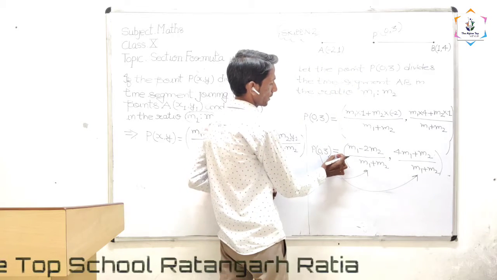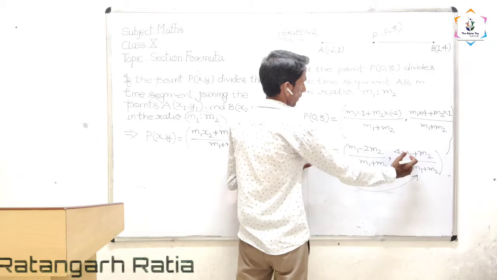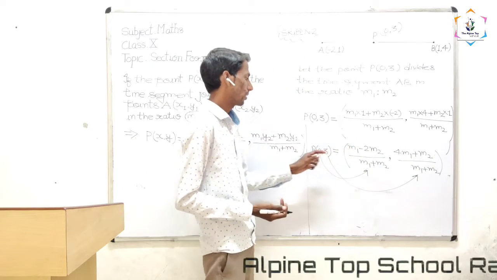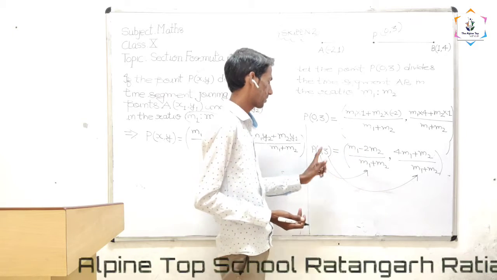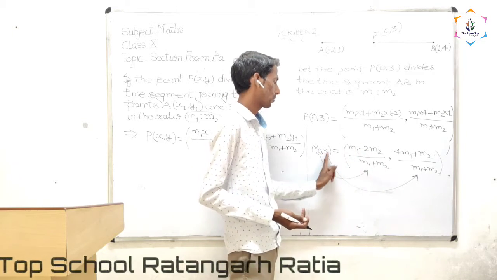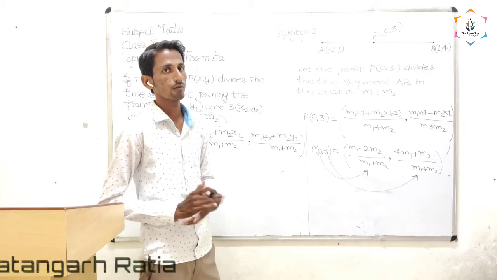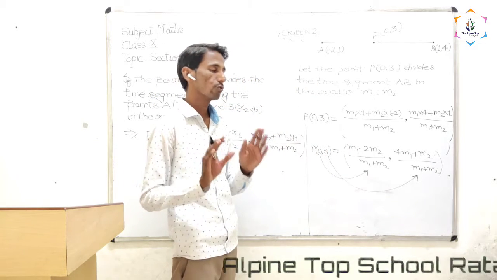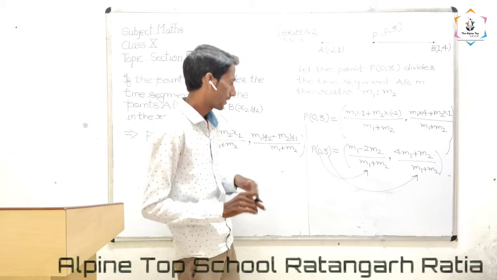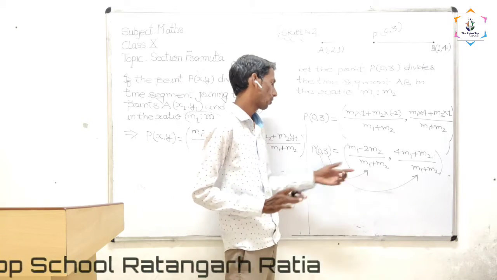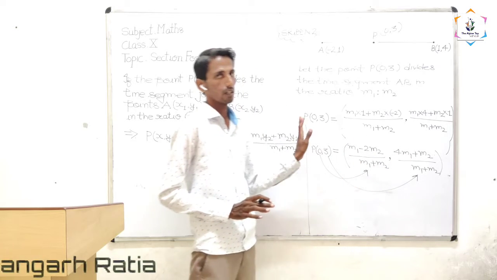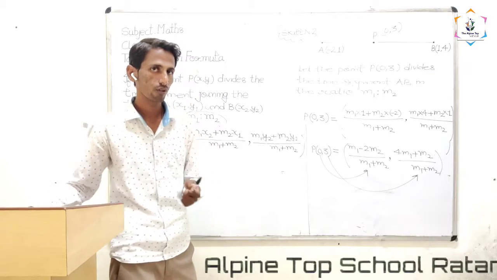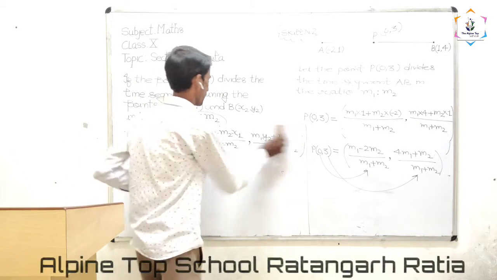So whenever you have to find the ratio, you have to do this only once: either equate the abscissa or equate the ordinate. By this one step you get the ratio. Now let's see how.